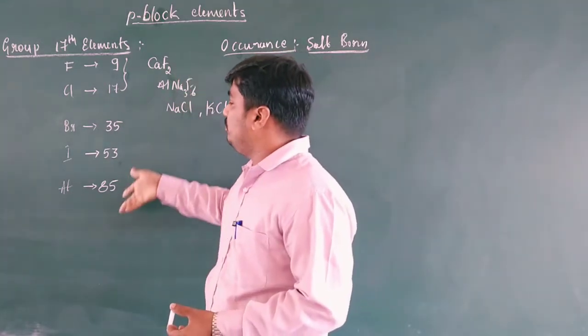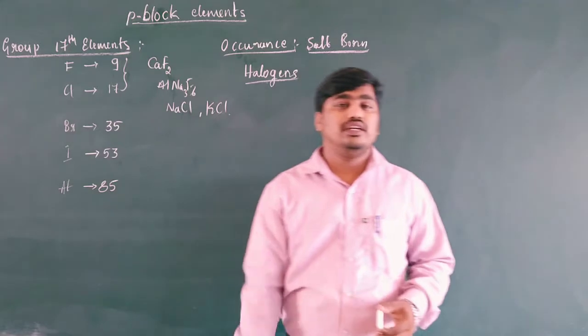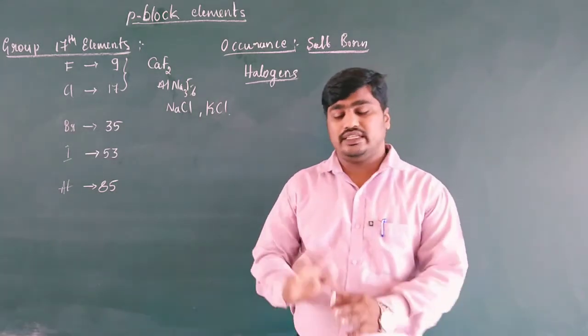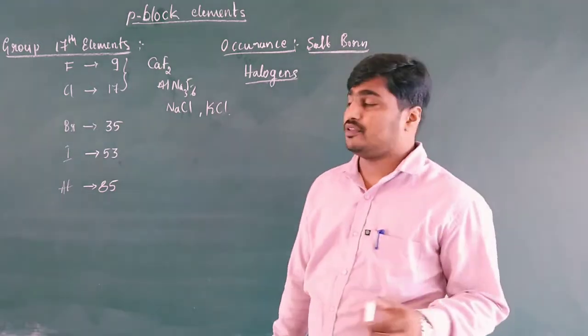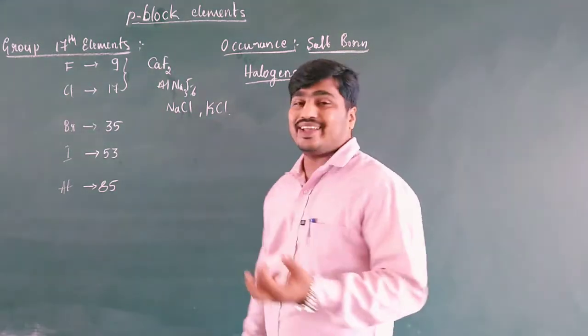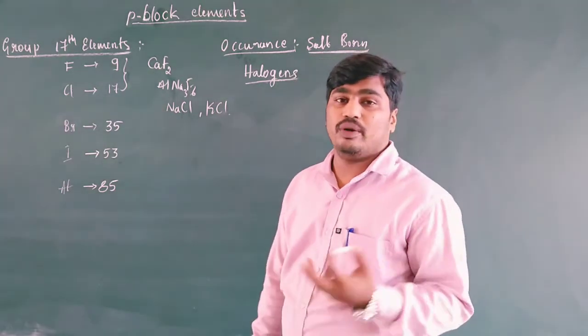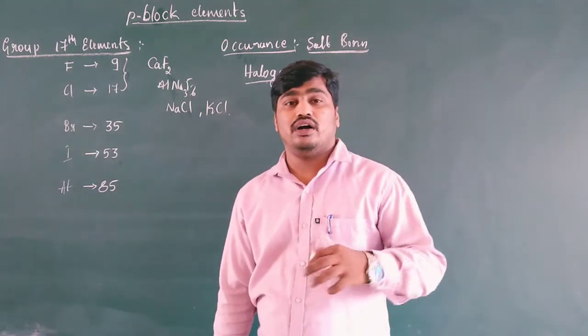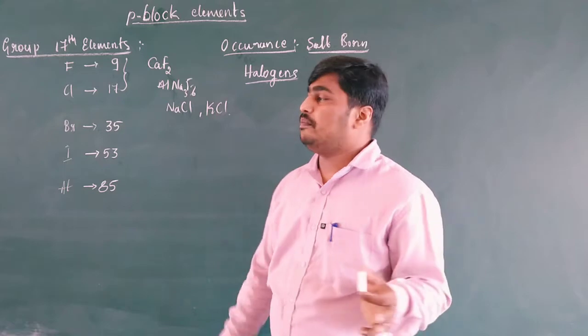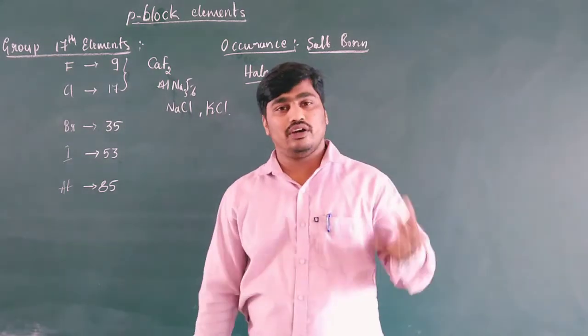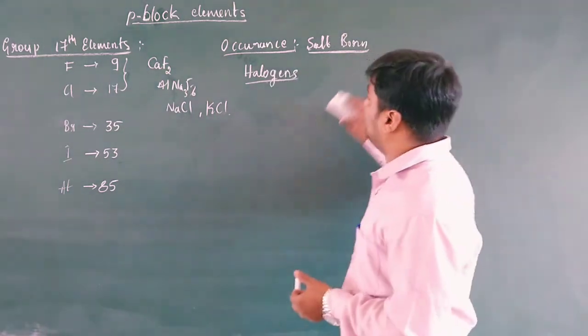So most of them are present in seawater. The occurrence is important for knowledge purposes, and also how to extract these elements, since most of the quantity is present in or obtained from seawater.